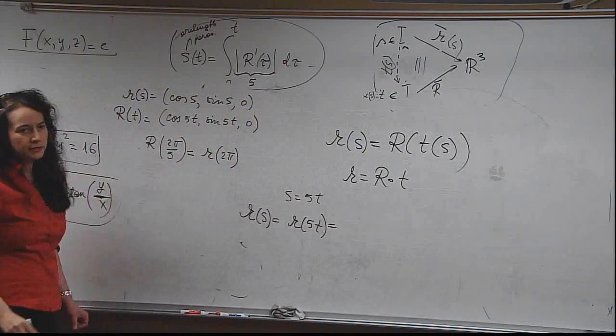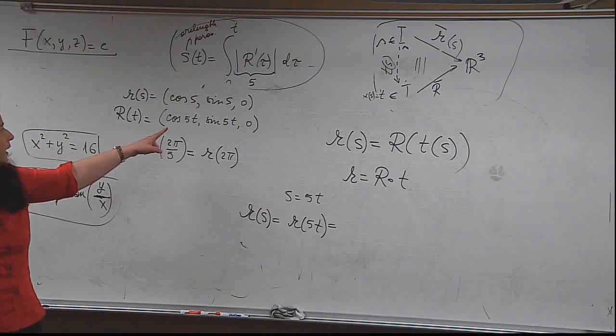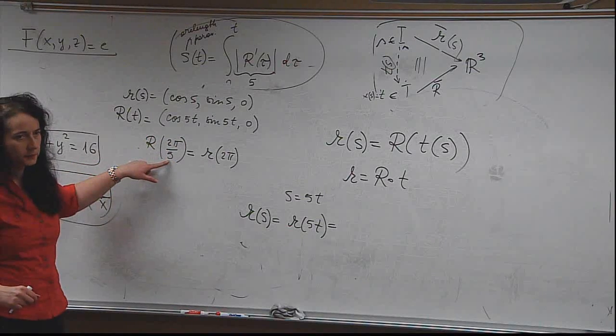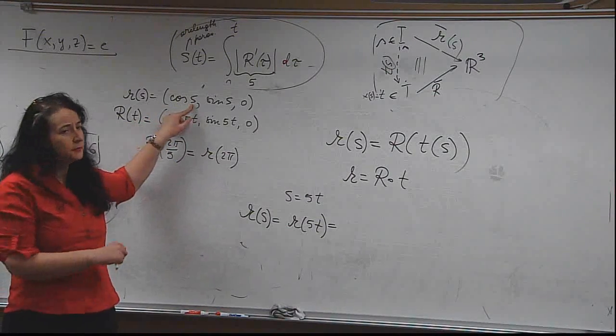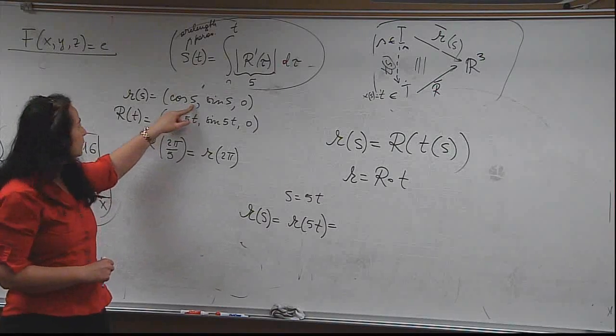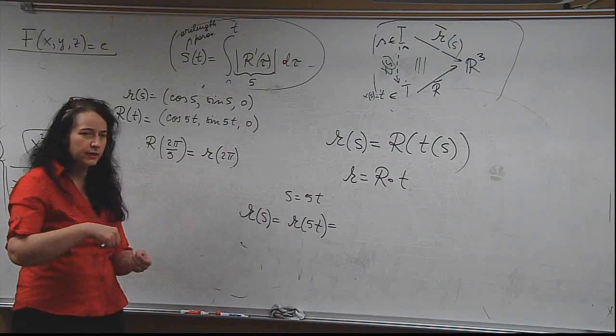So Mr. T says, I'm running from 0 to 2 pi over 5, and that's where I stop. And little s says, I'm running too. I'm also time, but I'm a special kind of time. And I'm running from 0 to 2 pi, and I stop at 2 pi where the circle will stop.